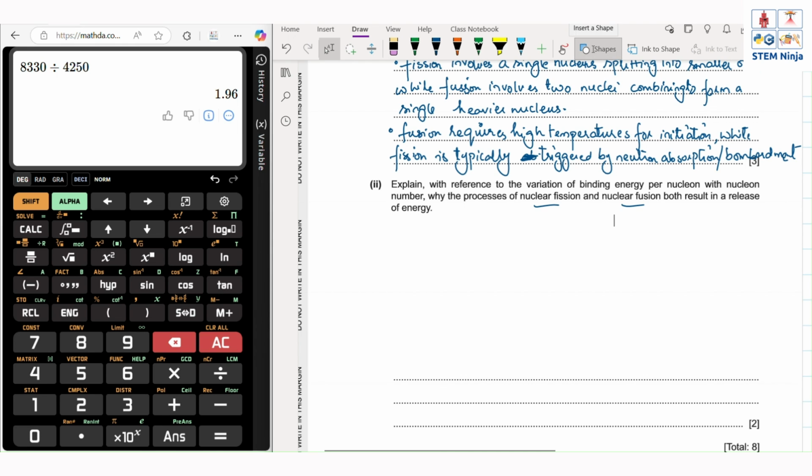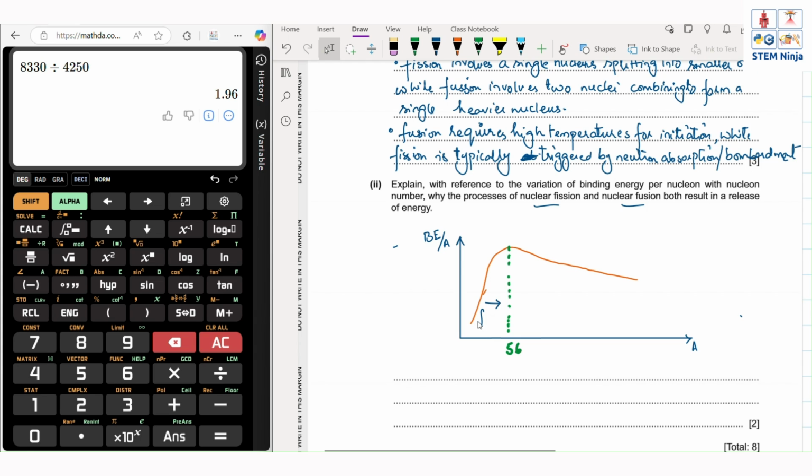For that we can sketch the graph of binding energy per nucleon against mass number, where the peak is at 56.